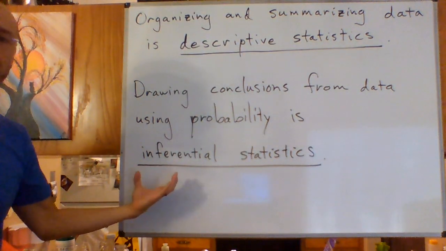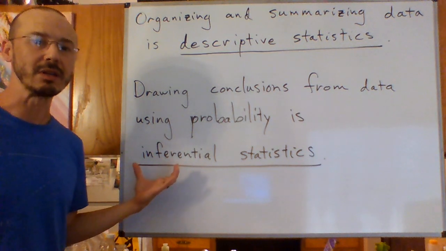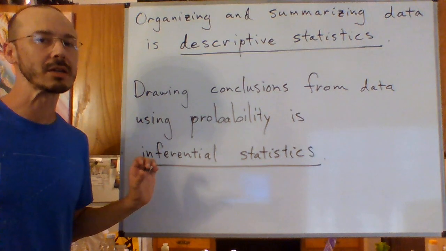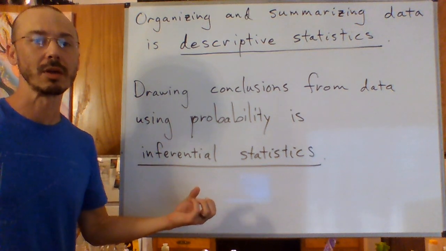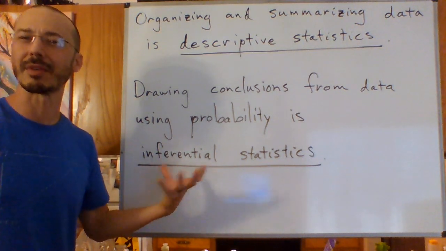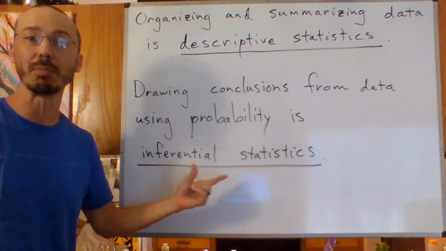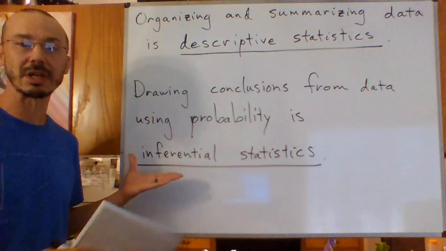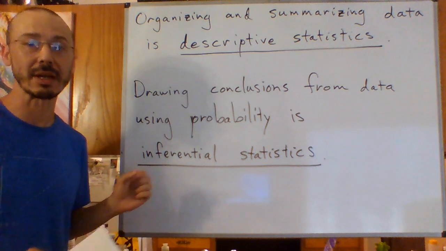And you can see in the root of that word, infer. To infer is kind of like to assume, which is kind of a guess as to what things are going to be. But inferential statistics is an informed guess, which is different from a random guess.